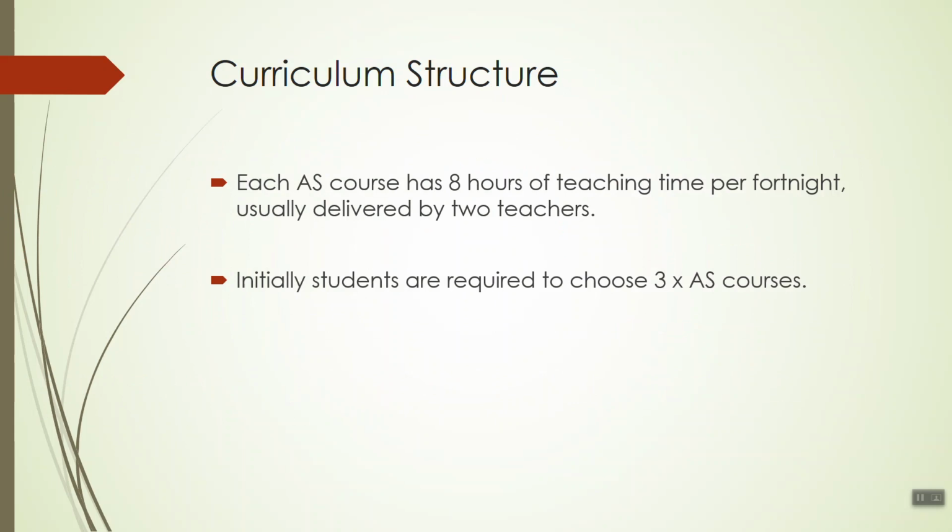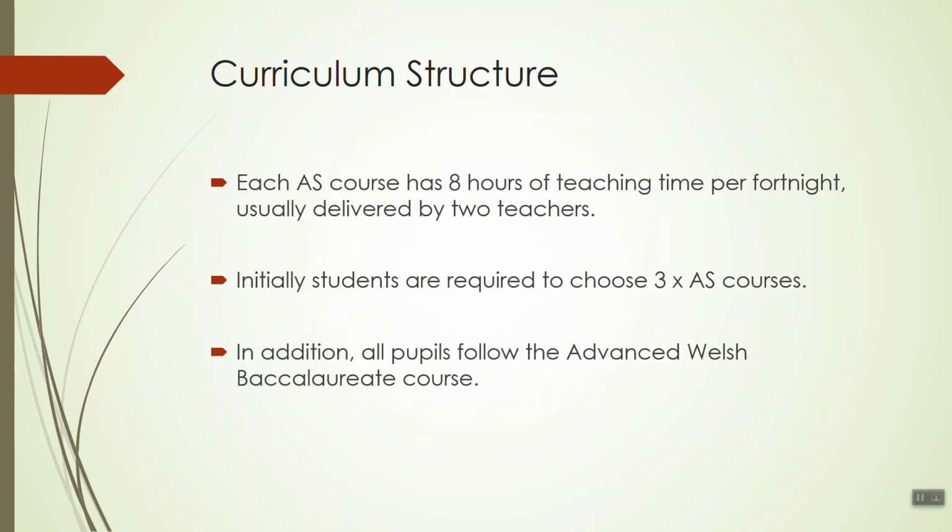When you're applying, we would expect you, in most circumstances, to start off choosing 3 AS courses. And as I mentioned earlier, in addition to those 3 courses, you will also be expected to follow the Advanced Welsh Baccalaureate course, which builds on the work of the Welsh Baccalaureate course that you take through Key Stage 4.